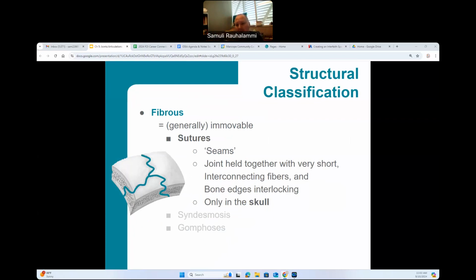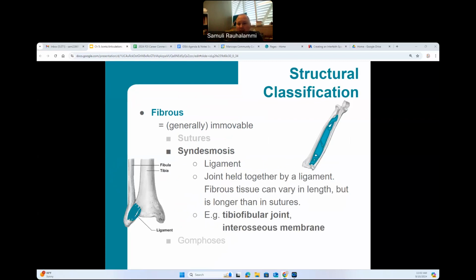We will also find very short interconnecting fibers present in these joints. Next I wanted to talk about syndesmoses. Syndesmoses are ligaments. They allow more movement than sutures, but are still somewhat immovable. There are two main sites where we find these.